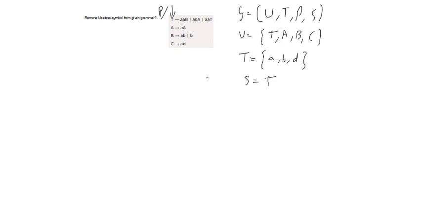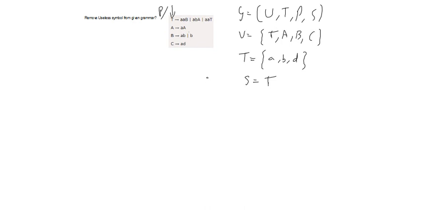Now consider each and every non-terminal and see how they are derived and what they are deriving. Both things we need to check. Except the starting state, all other variables are supposed to be derived from the starting state, and all the non-terminals or variables are supposed to derive terminal symbols.